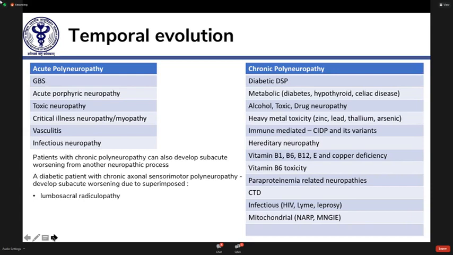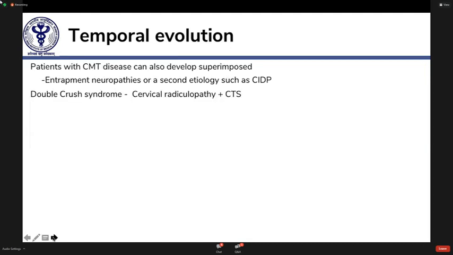They can have a coexistent lumbosacral radiculopathy, a coexistent fibular neuropathy, a lumbosacral plexopathy, or CIDP. All these things can cause worsening of an already existing diabetic sensory polyneuropathy. A patient with CMT, a hereditary neuropathy, can also have a superimposed entrapment neuropathy or a second etiology like CIDP. We have always heard of double crush syndrome, so a CTS patient also having a cervical radiculopathy.